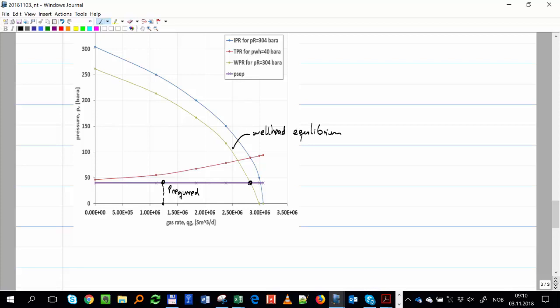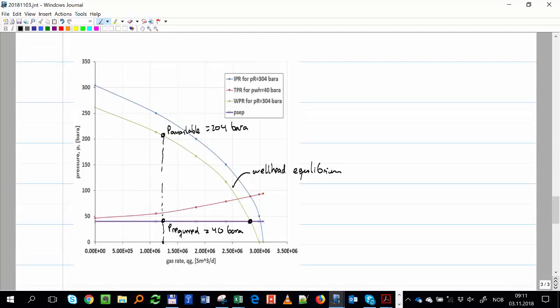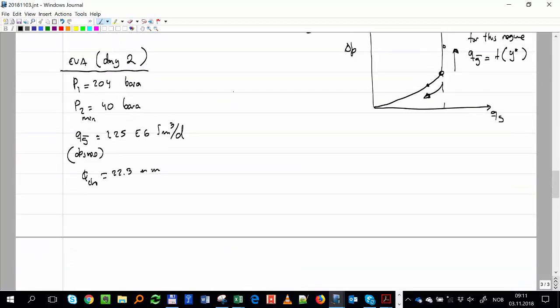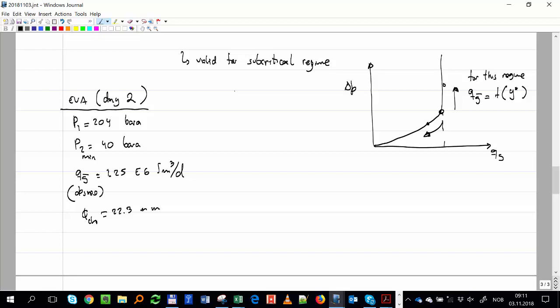Where I have the intersection here, that's P required, and that's P available, and that is 204, and this is 40 bar. And I want to define a choke for that. I'm trying to find a choke for that. So I ask you first the first question: in which regime are we?